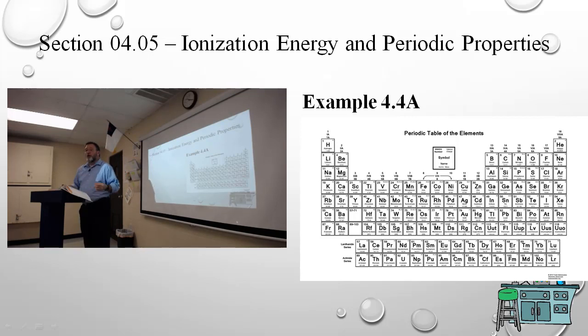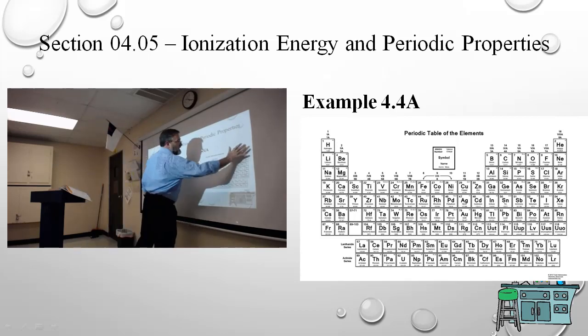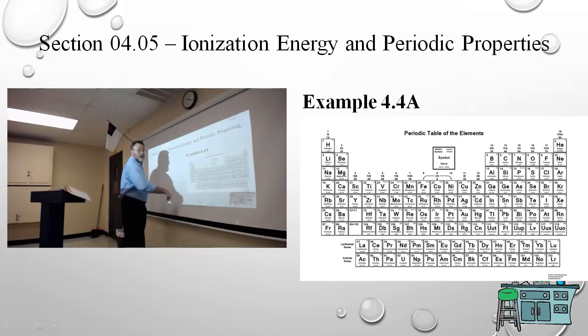High or low? If it gives it up easily, it means it's not working too hard to keep it, right? Which means other people don't have to work real hard to get it, which means my ionization energy is going to be low. So I'm going to be looking for elements which are kind of left and kind of low, right? Because up here they're high, down here they're low.